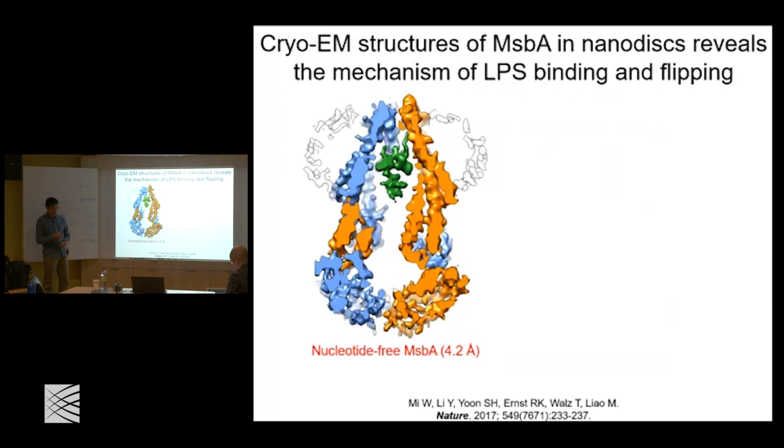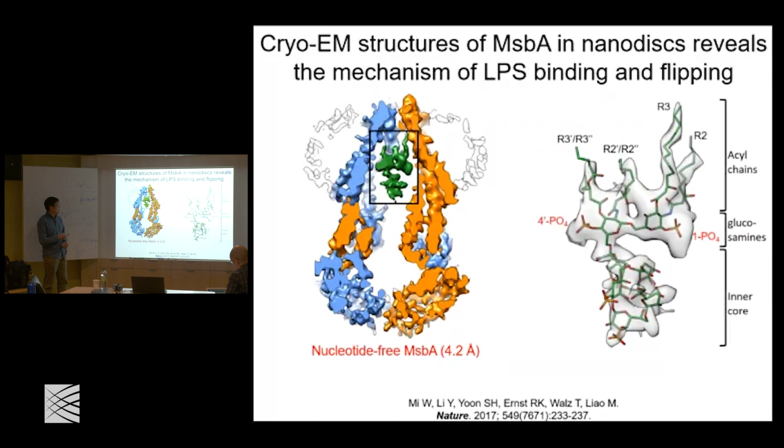We were very excited to see there is a density inside representing the LPS substrate. We were able to place the important chemical groups based on the density. The connection of the inner core to one of the glucosamine rings allowed us to separate one phosphate from the 4' phosphate. Because of the flexibility, only a portion of the lipid acyl chain was resolved.